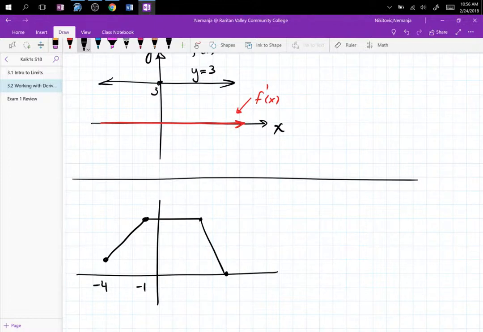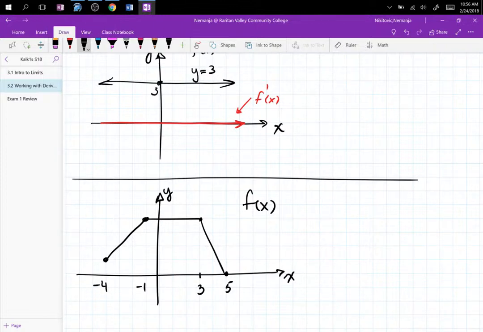So this is at 3, this is at 5. This is your f of x. It is clearly a piecewise function, and we could write the formula for this function, but we just don't care, all right? Because we really don't need it to draw the derivative.